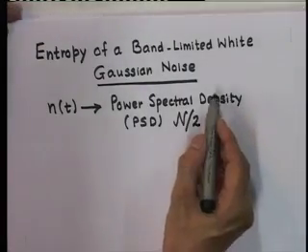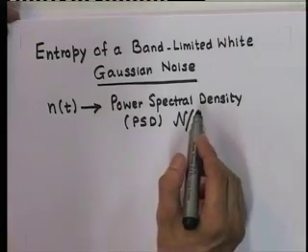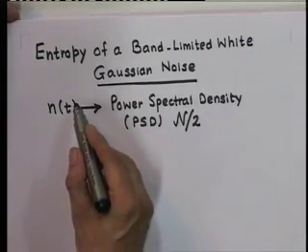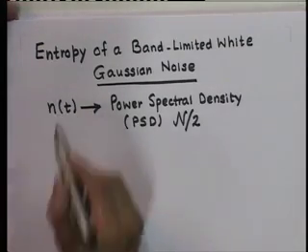Now, we know that power spectral density for a random process is the Fourier transform of the autocorrelation of the process.